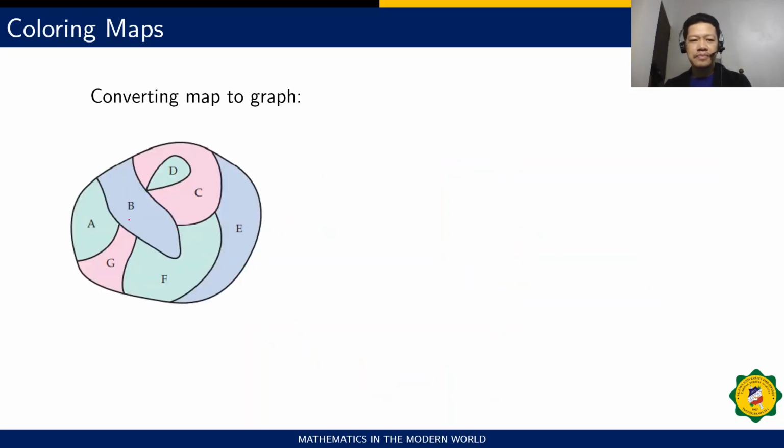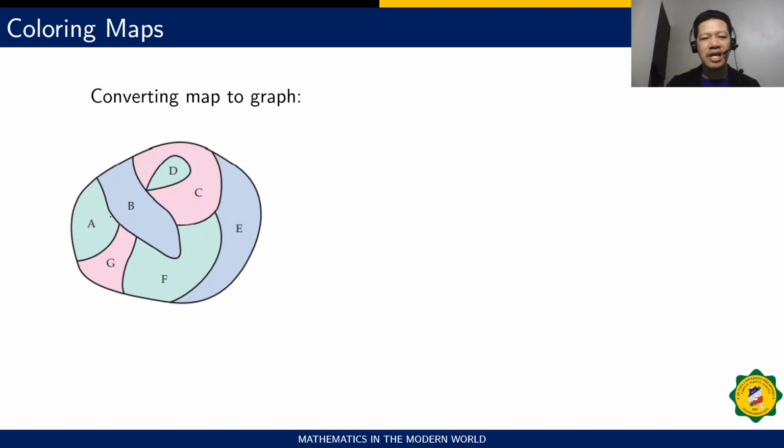Let's say for example there's a map, and then how to convert the map to a graph. The first thing is, this A, B, C here, for example, are names of towns or cities. Then a boundary tells us about a line. If there is a boundary between 2 cities, you need to connect them.